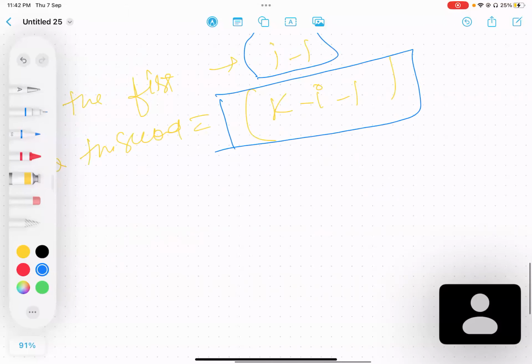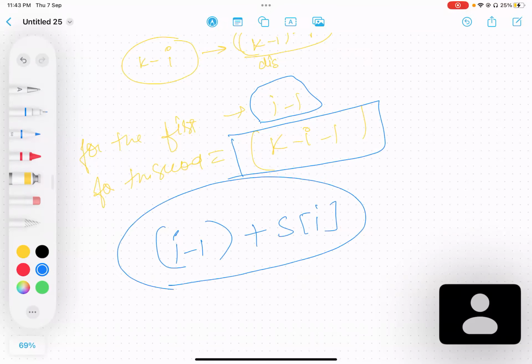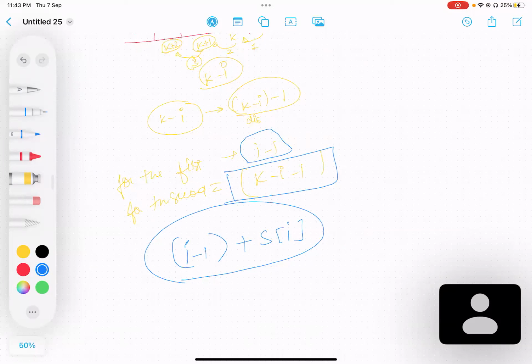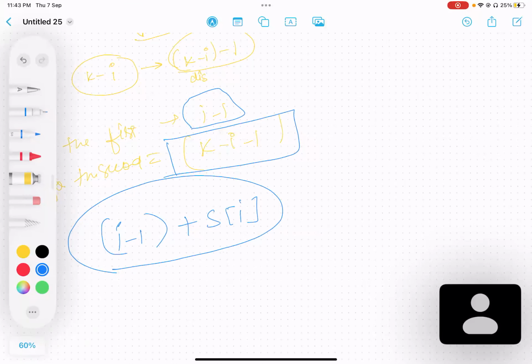Now what we want is, suppose you reached at i minus 1 time for the first time. In that case, if we add s of i to it, this is the time before which you should leave this trap, right? So when we reach the second time, that second time should be less than this i minus 1 plus s of i, right?